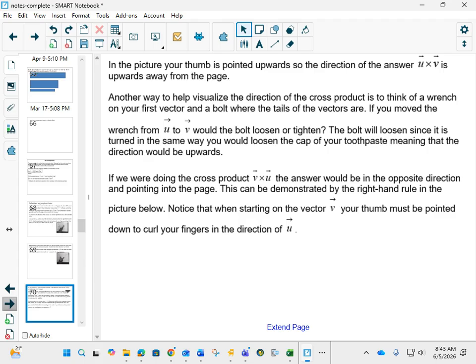So I sometimes, this other way, I've got it here with a wrench, but I sometimes think of it as the toothpaste rule, because usually when I talk to a class, most of them have at least brushed their teeth once in their lifetime.